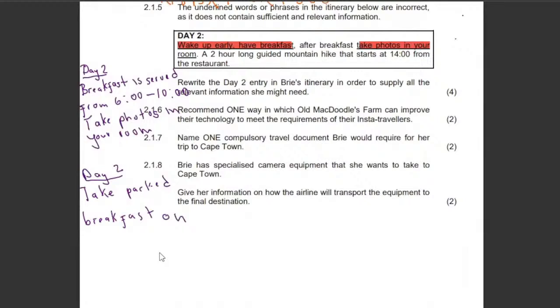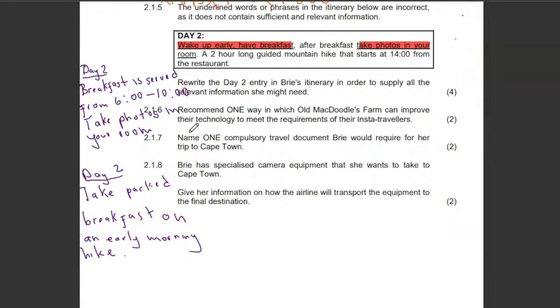You can take packed breakfast on an early morning hike. So there are two options. Either you take your breakfast from your room, then you take photos in the room, or you can take packed breakfast on an early morning hike.